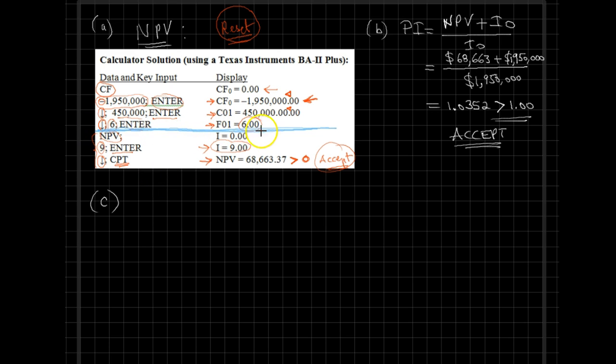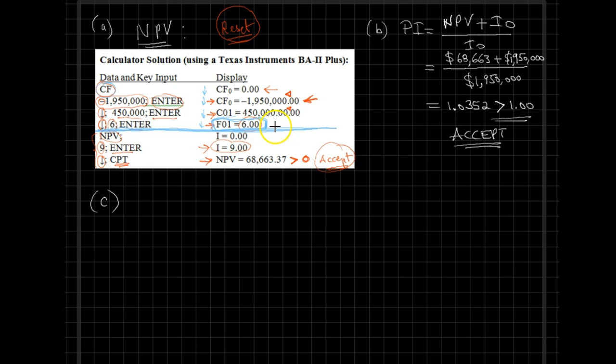So what you can do is go back to the display of your machine, press CF, and then by pressing the down and up keys, find that display again, where it shows F01 equals 6. This is the last line of your free cash flow inputs.